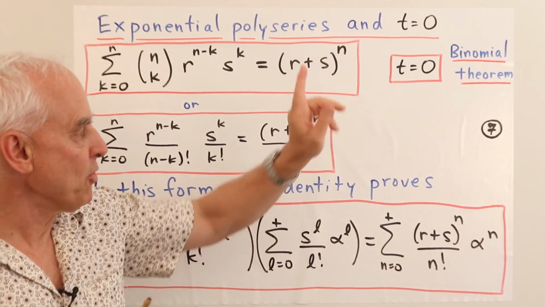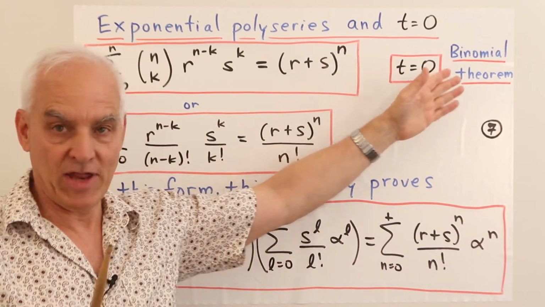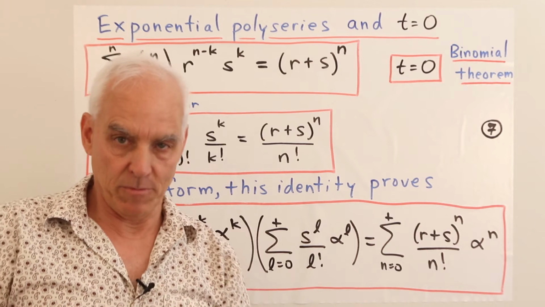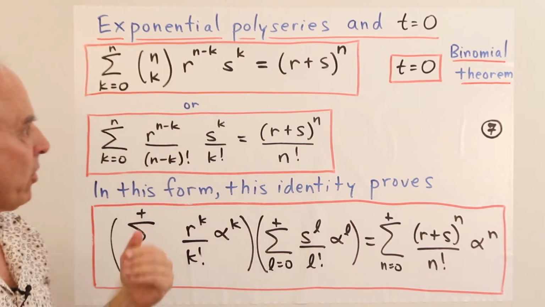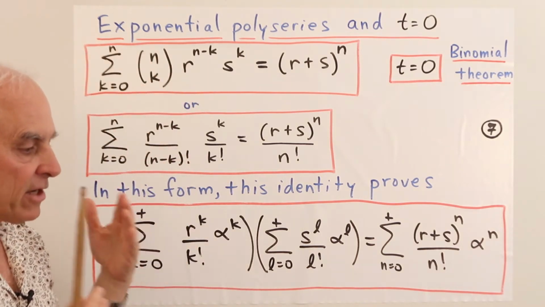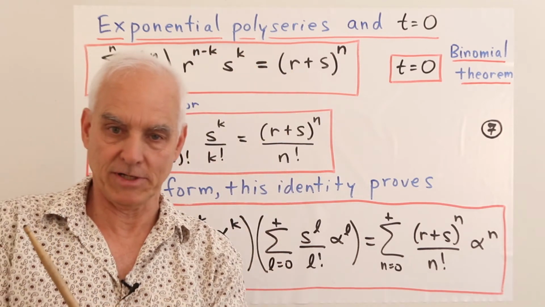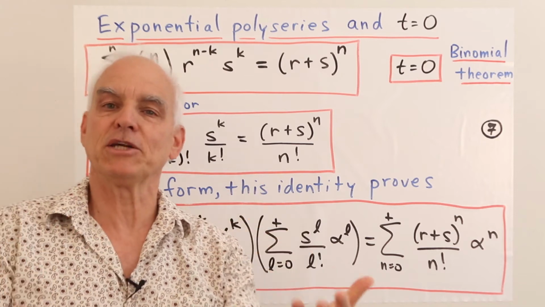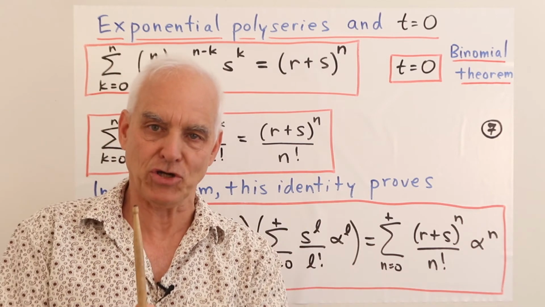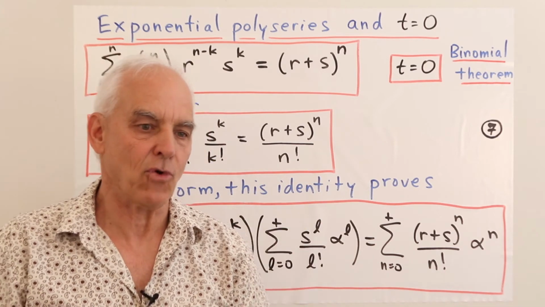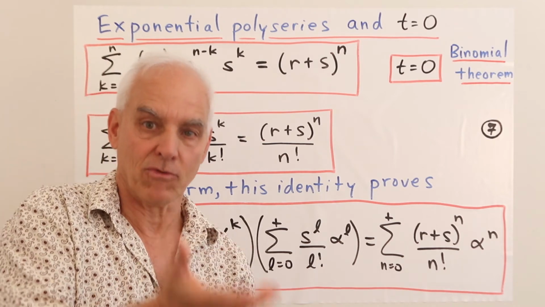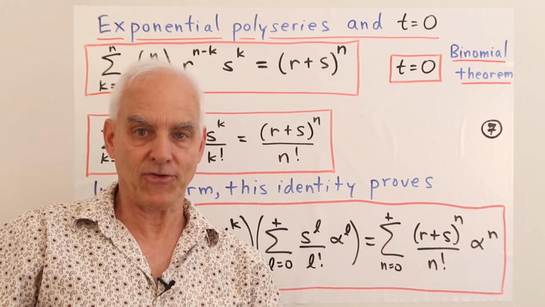Okay, so now we're going to move to the t equals 0 case, which is essentially the binomial theorem, and that's actually the most familiar situation. And we're going to see that exactly this line of questioning leads us to what we're going to call the exponential polyseries. So this is the polyseries equivalent of the exponential function, which in most calculus courses plays a really central role in analysis.